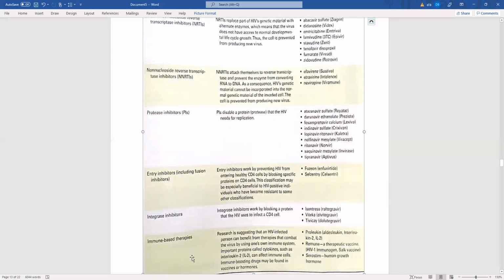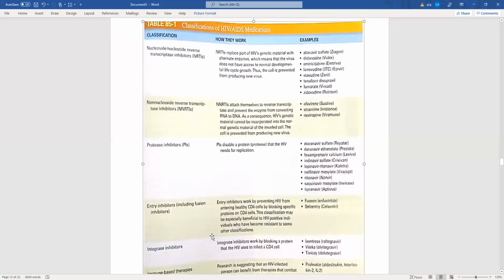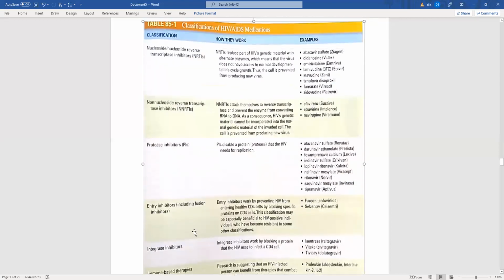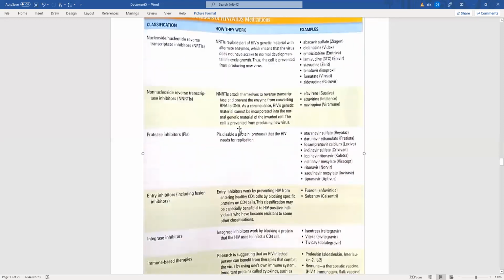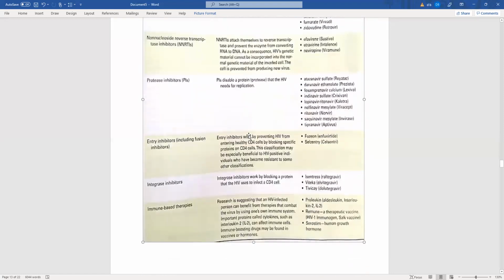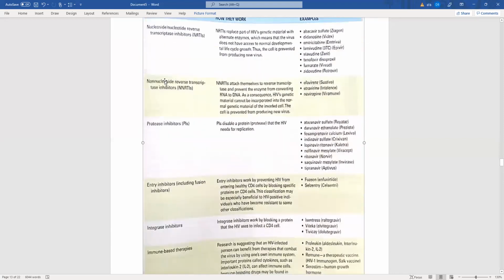The classification is that it's an immune-based therapy. The test may say the HIV-1 immunogen is classified as an immune-based therapy, and immune-based therapies work by... and they're going to mix these up, so you have to know this.